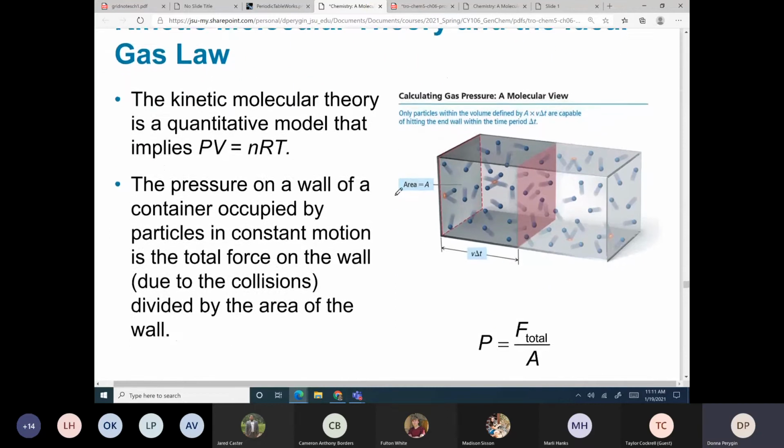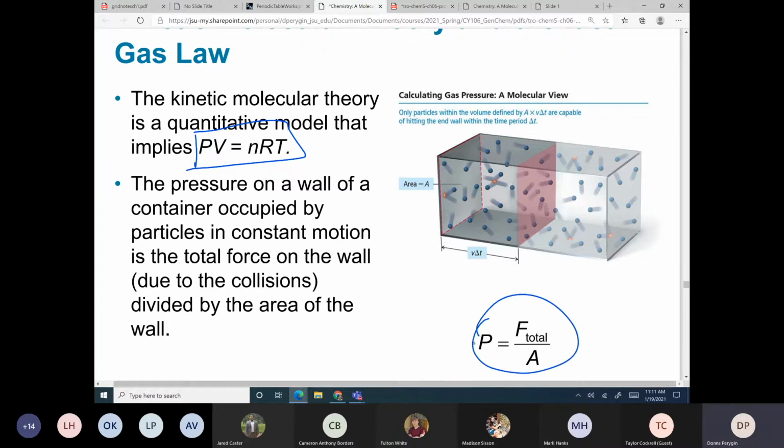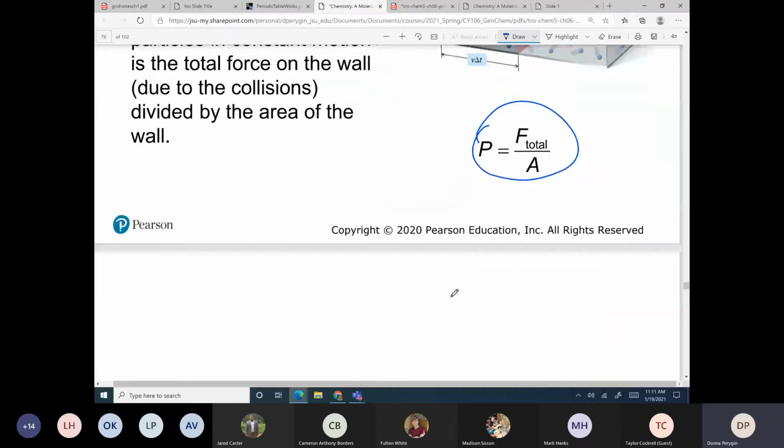Kinetic molecular theory is a quantitative model that implies that PV is equal to nRT, which is our formula that we've used a lot before. The pressure on a wall of a container occupied by particles in constant motion is the total force on the wall due to collisions divided by the area. Again, we don't really use this formula at all. It's just a concept that we talk about.